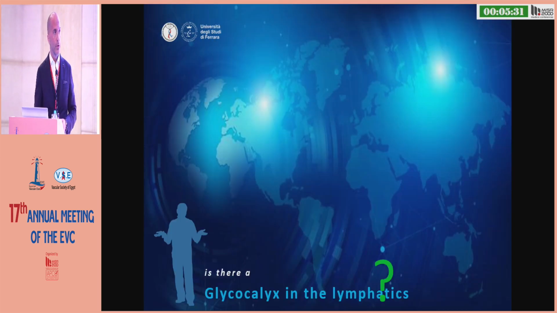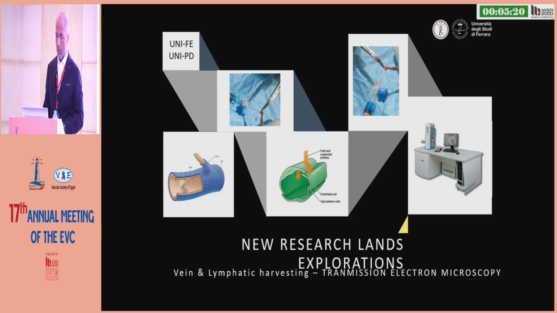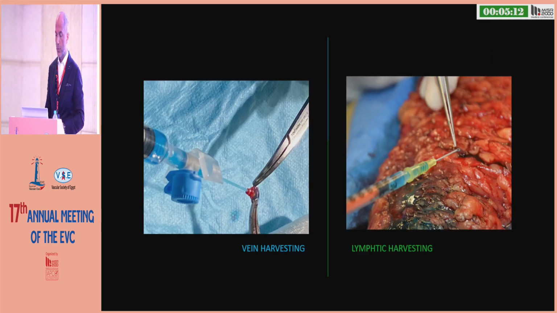So we asked around the world if there is such a thing like a glycocalyx in the veins and in the arteries. Is there also something like that in the lymphatics? We asked all our friends around the world, no answer, so we started this investigation at the University of Ferrara together with Harvard and Stanford University. We deeply thank them for the collaboration.